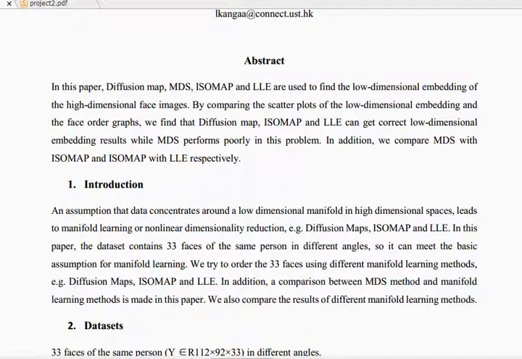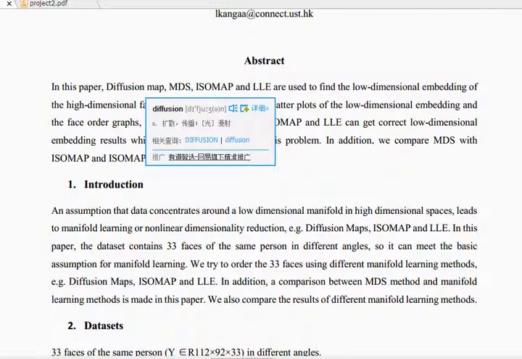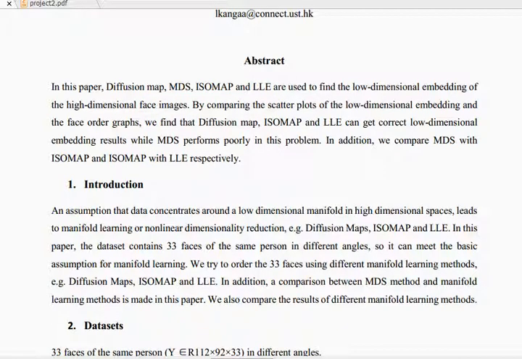In this paper, I used some manifold learning methods to reduce the dimension of the 33 high-dimensional face images. I used the diffusion map, MDS, ISO map, and local linear embedding to find the low-dimensional embedding of the face images.